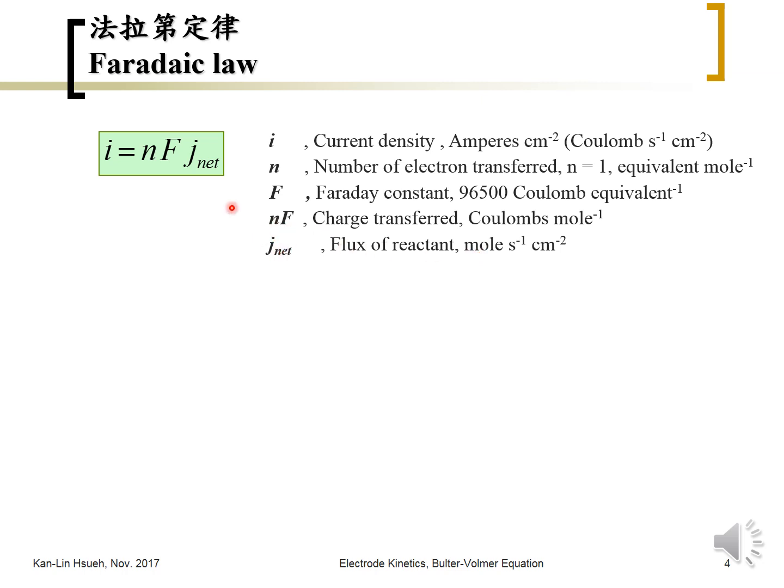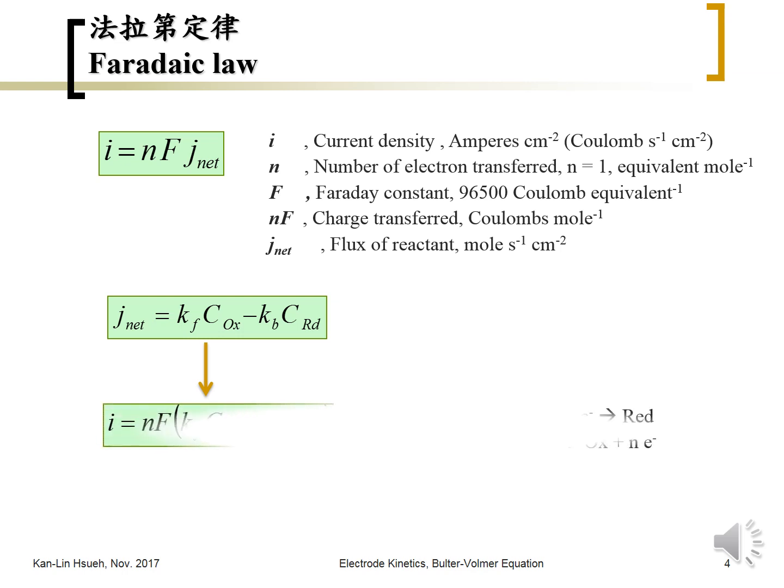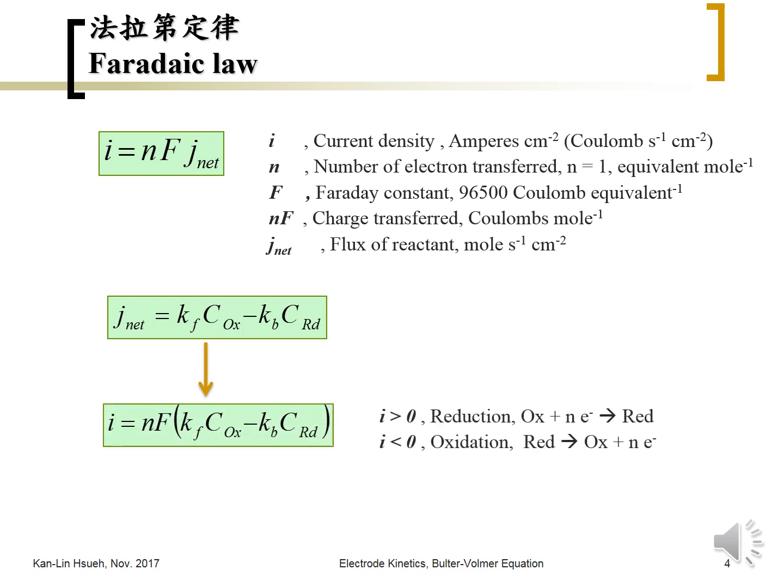In N F times J, the moles cancel out, and coulomb per second per centimeter squared gives us the current density. So based on Faraday's law, we can express the electrochemical reaction rate as the current density.